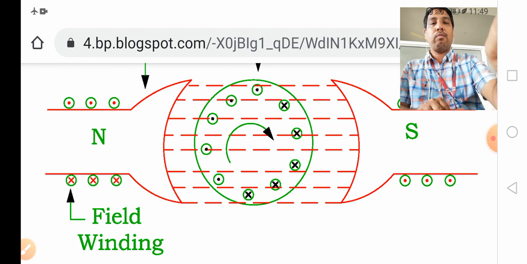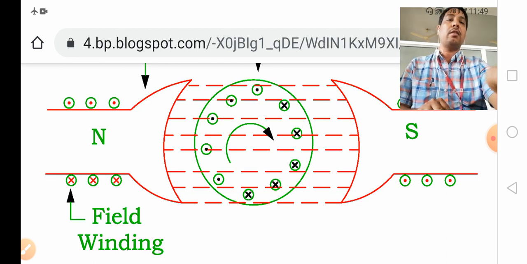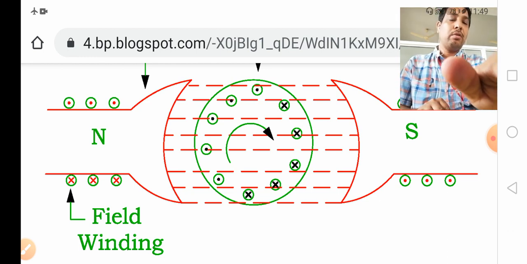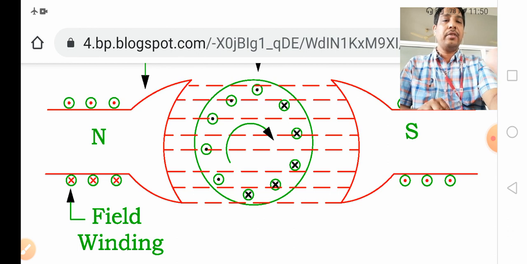There will be more upward force across the north pole, and more downward force across the south pole. So the magnetic field will be strengthened at the front part of the north pole, the top portion of the north pole, and at the down part of the north pole there will be less force. Similarly, at the down part of the south pole there will be more downward force, and at the top of the south pole there will be less force.